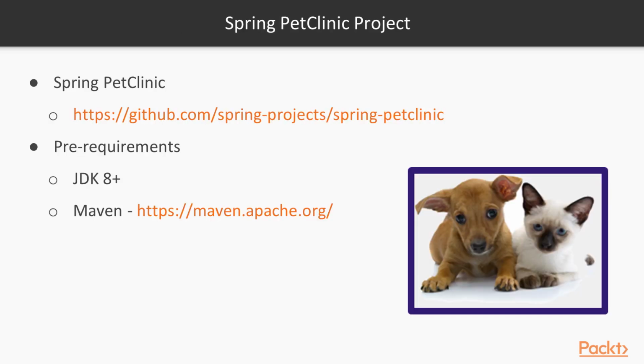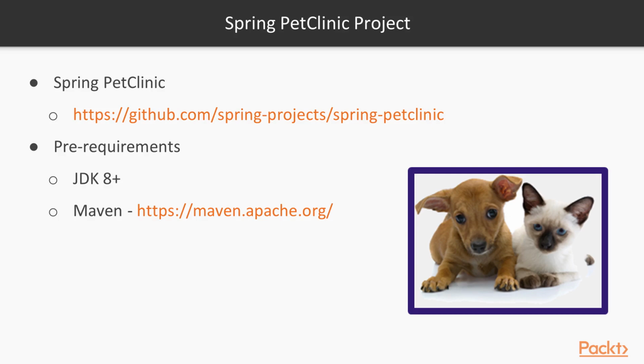The Spring PetClinic project is a well-known project which was created by the Spring company to show examples of how to use Spring. This is a Java web project which uses Maven to compile the project and also to build the package. For this project, we need JDK 8 and Maven installed on the machine or in the container.